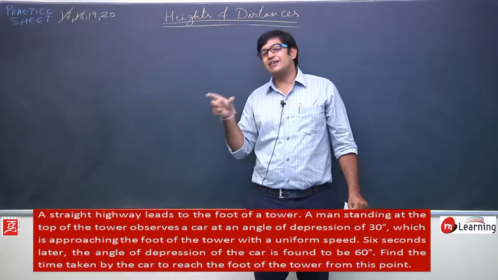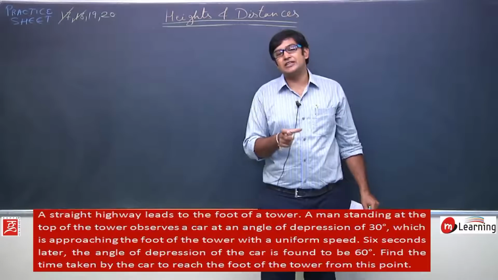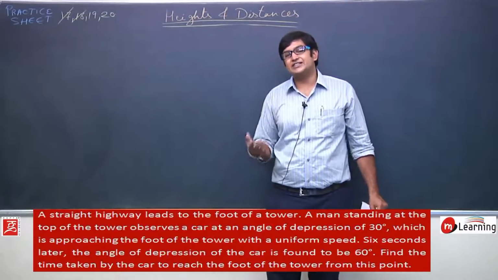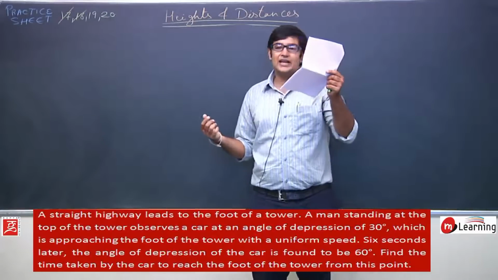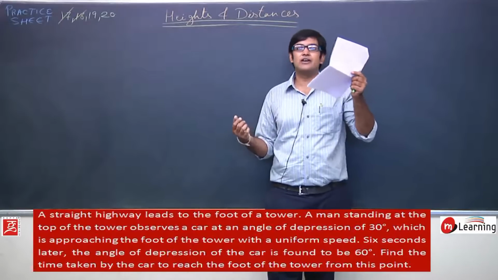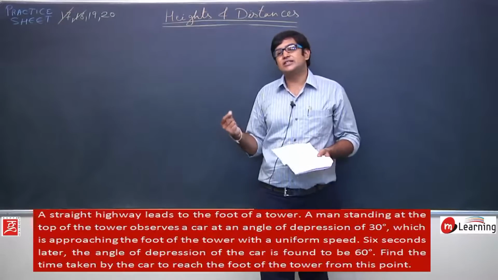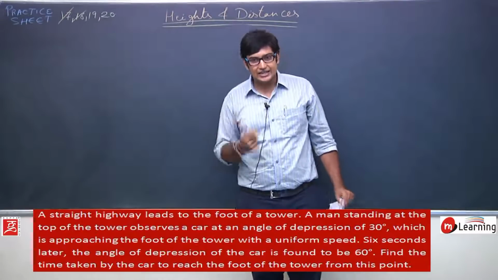So the car has travelled some distance in these 6 seconds such that the angle of depression, which was 30 degrees, becomes 60 degrees, double of 30 degrees. Find the time taken by the car to reach the foot of the tower from this point. This point denotes the point at which the angle of depression is 60 degrees.